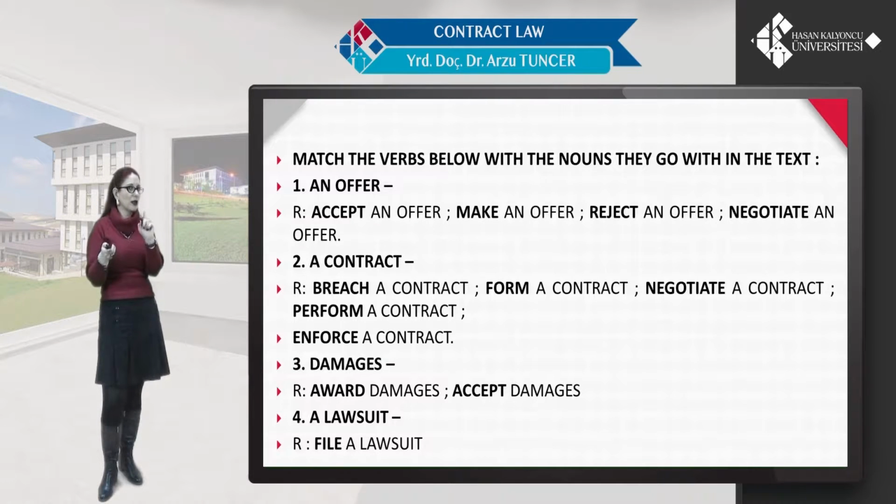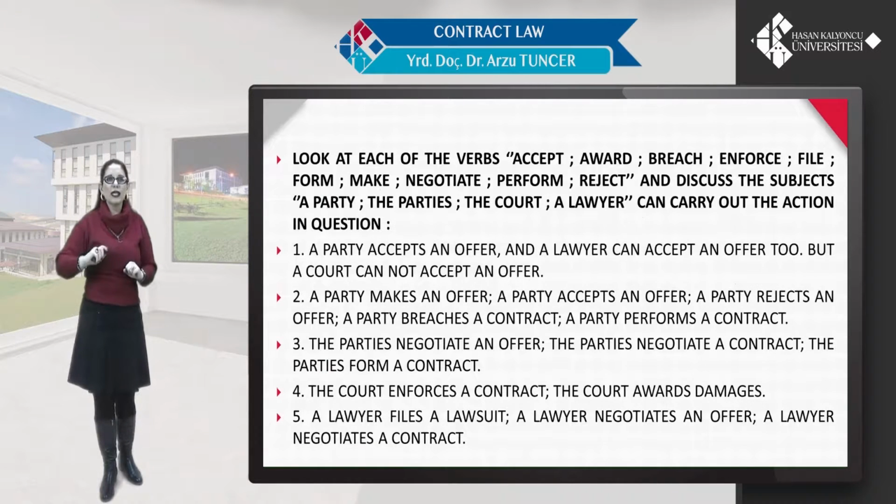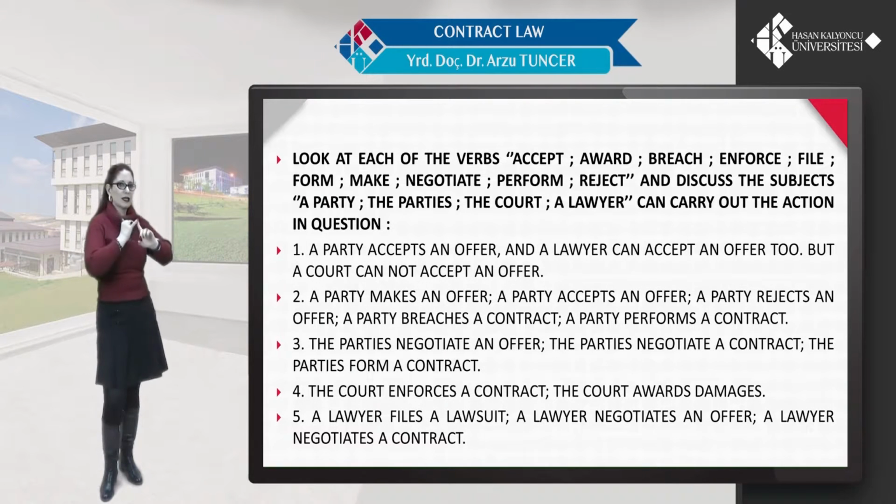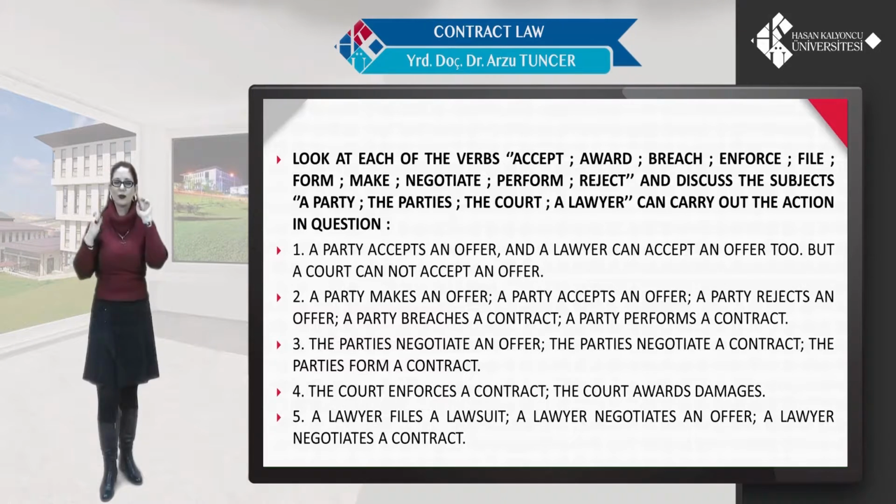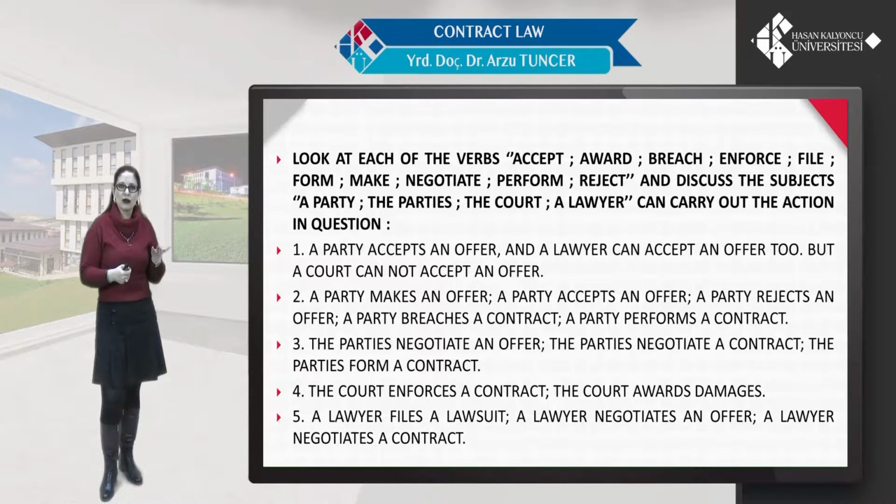You have to bear in mind and pay attention to what you use. So look at each of the verbs: accept, breach, enforce, file, form, make, negotiate, perform, reject, and discuss the subjects: a party, the parties, the court, a lawyer can carry out the action in question.